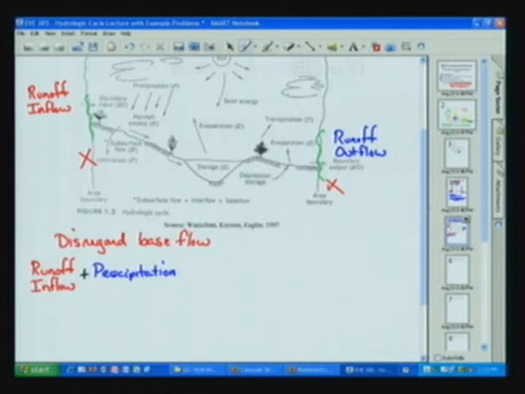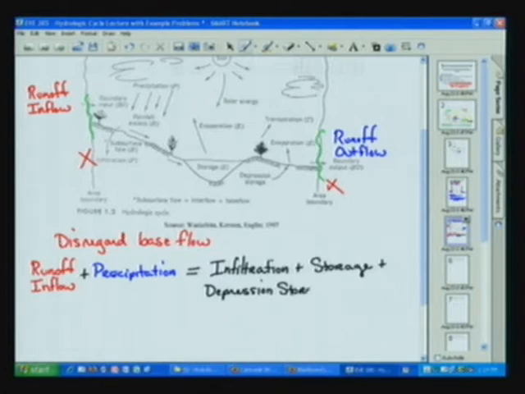Then our removals from the system, because it's short term, are going to be infiltration, that part of the rainfall and inflow that infiltrates and moves into the subsurface, plus storage, plus depression storage, and we'll mention a little more about that in a moment.